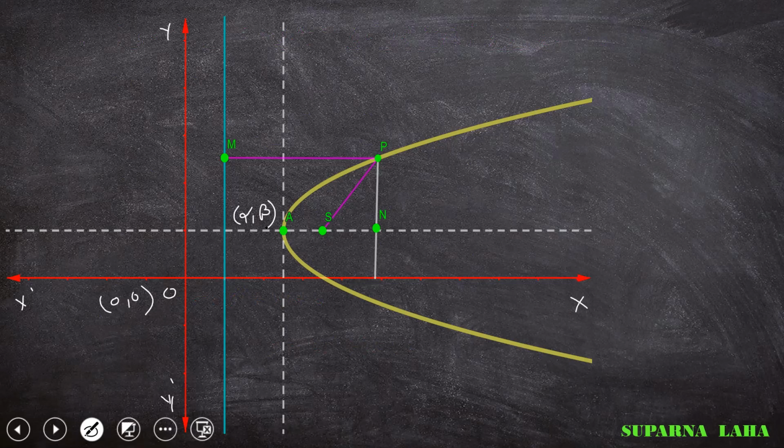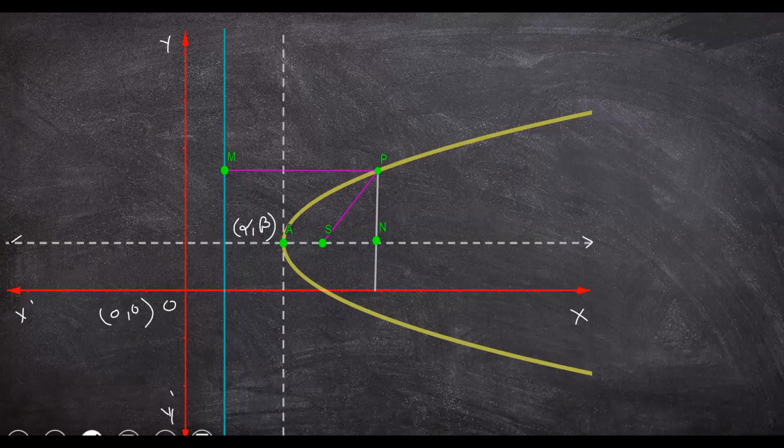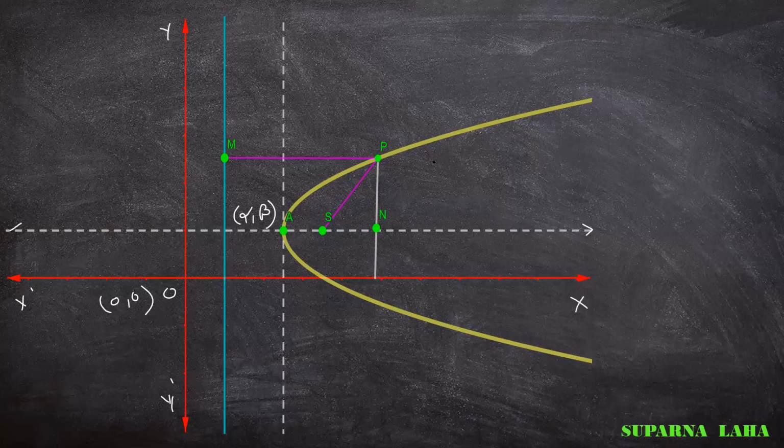Here I am taking A as the vertex of the parabola whose axis is parallel to the x-axis. Okay. And the point on the parabola I am taking as P, whose coordinate is x, y.